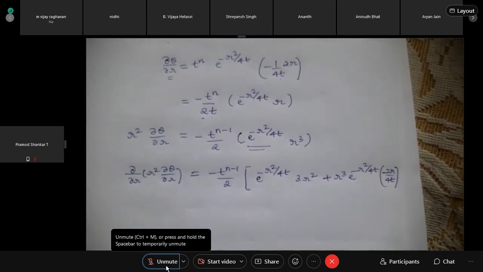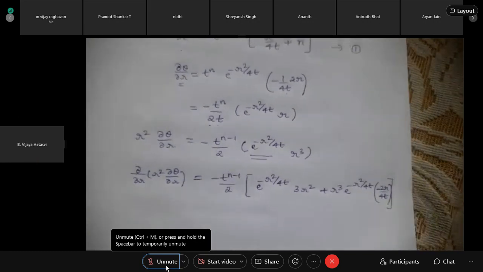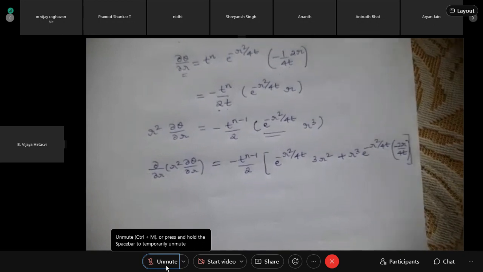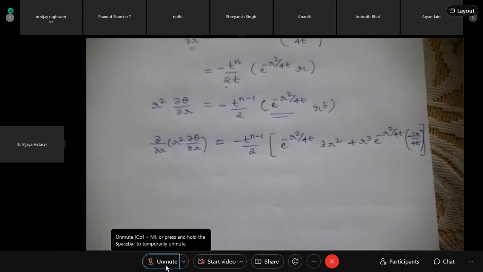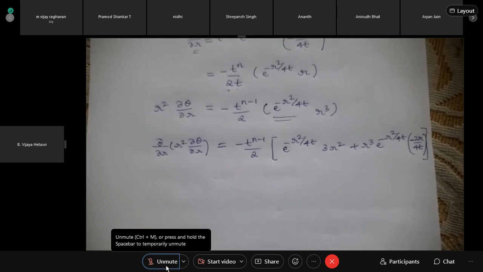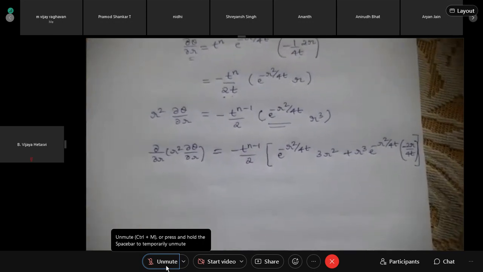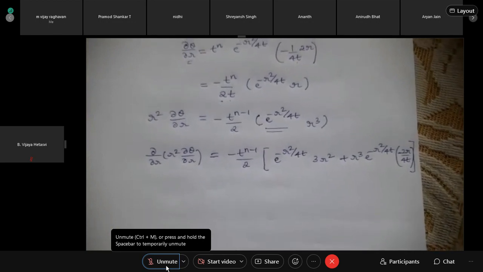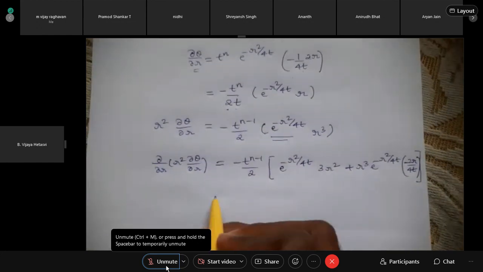If there is any confusion, please let me know before going to the next step, because if we go wrong in any of the differentiation here, our answer will not be correct. Is it correct? Fine.